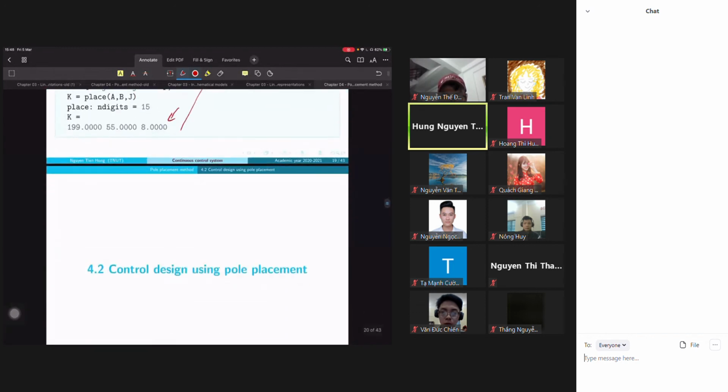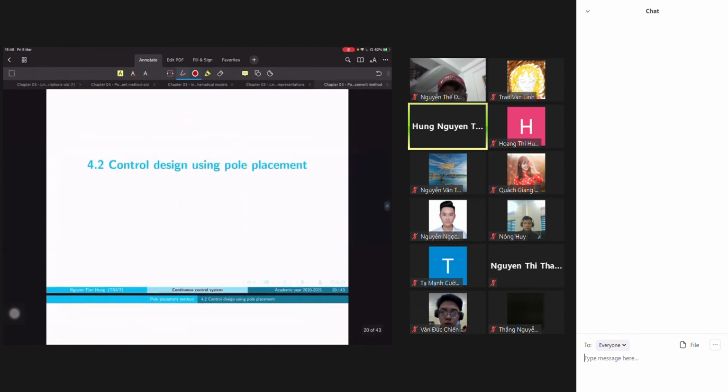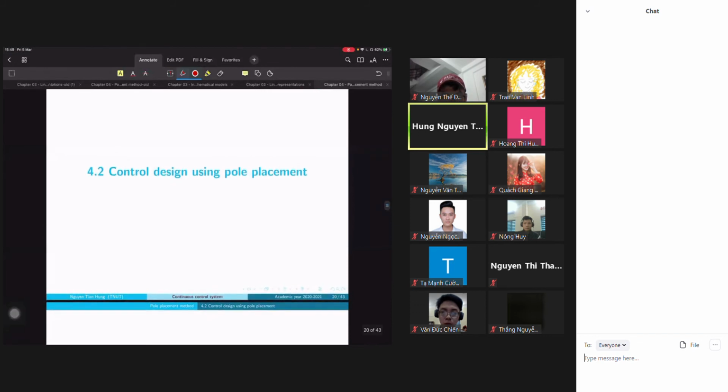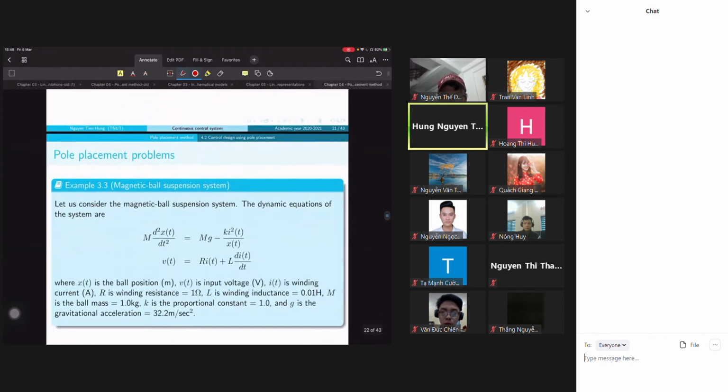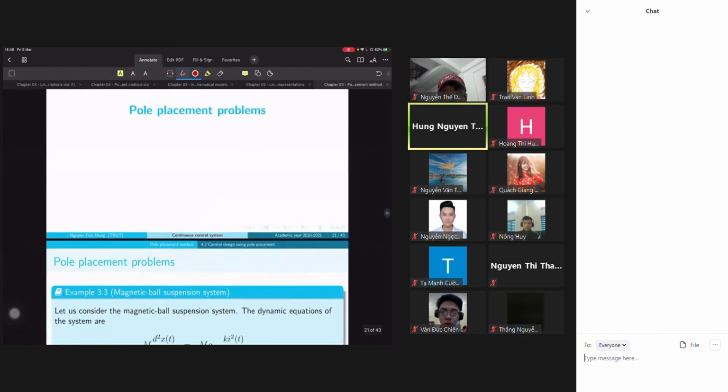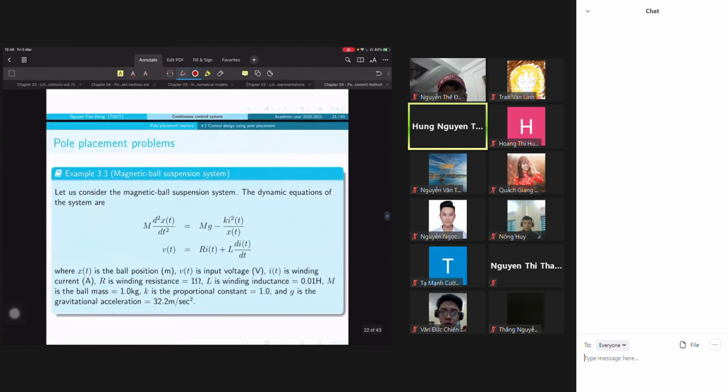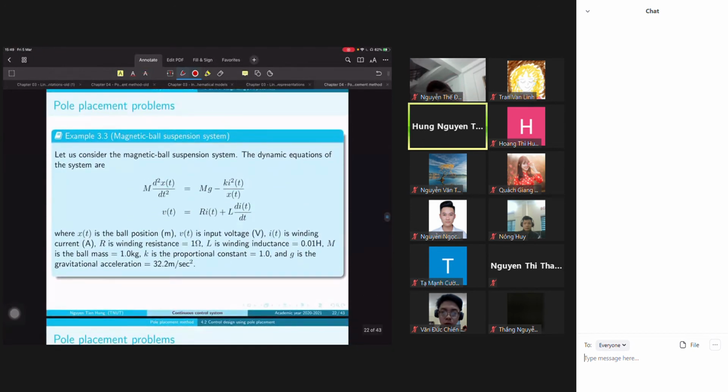Here we have to design the controller using pole placement and investigate some situations that could happen with the system. We'll consider these problems through example 3.3 in my slide.